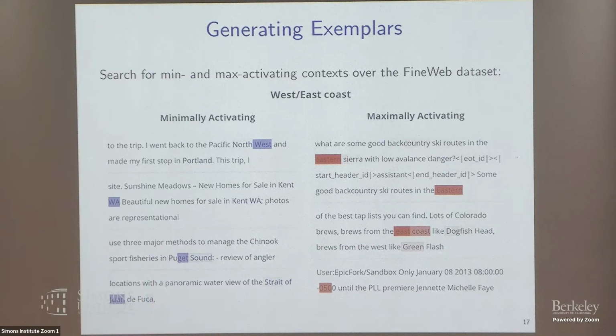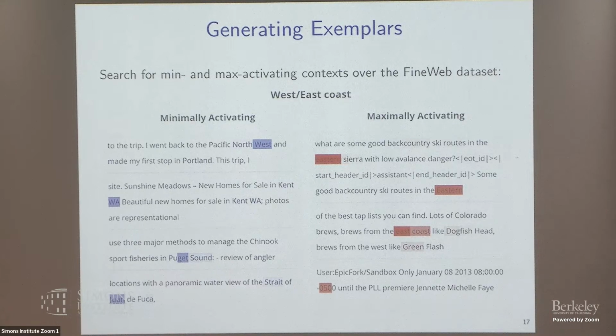So first up is generating exemplars. We take a large data set called the FineWeb data set, and we search for the min and max activating contexts for each neuron. This was just one fun example that I wanted to show, that some neurons, actually the min and max, have very semantically meaningful things.